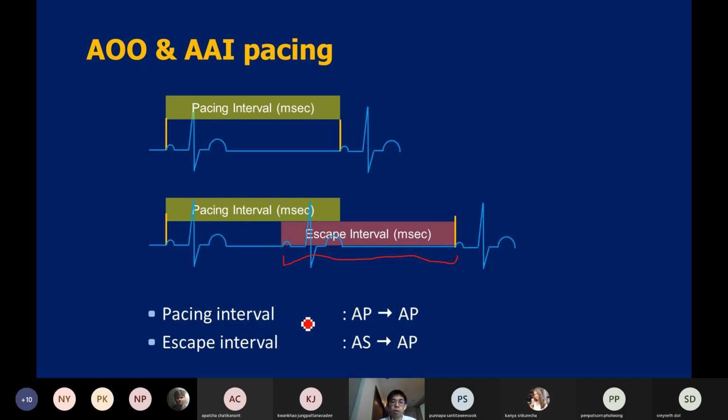So the pacing interval is from atrial pacing to atrial pacing, and the escape interval is from atrial sensing to atrial pacing.